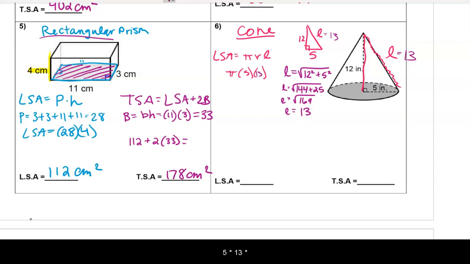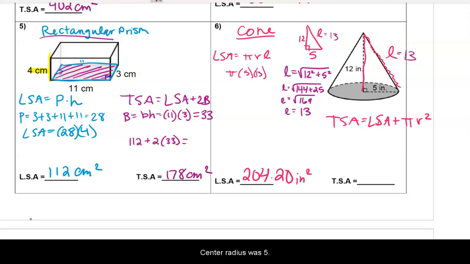Perfect. So 5 times 13 times pi gives us a lateral surface area of 204.20 inches squared. And for our total surface area, we're going to take that lateral surface area and add pi r squared.